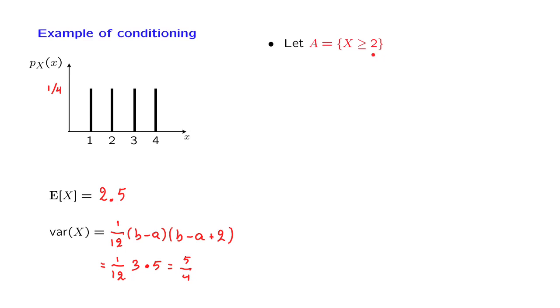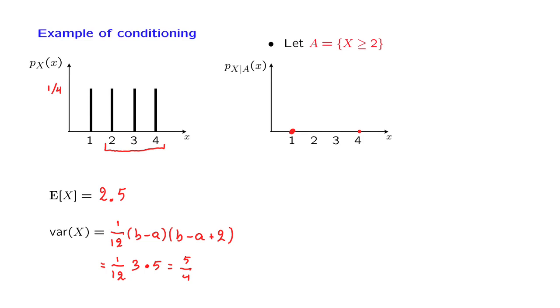Suppose that now somebody tells us that event A has occurred, where event A is that the random variable x takes values in the range 2, 3, 4. What happens now? What is the conditional PMF? In the conditional model, we're told that the value of 1 did not occur, so this probability is going to be 0. The other three values are still possible.